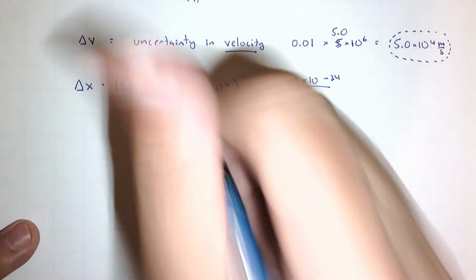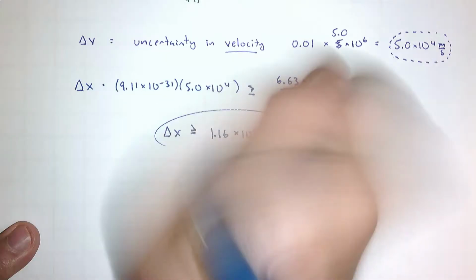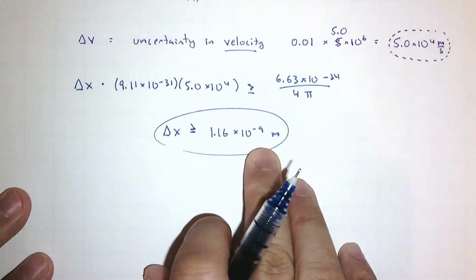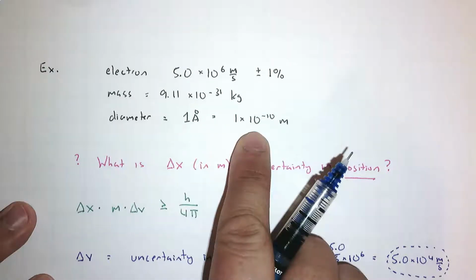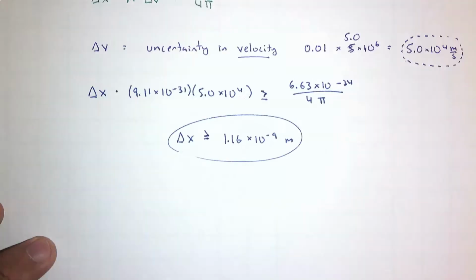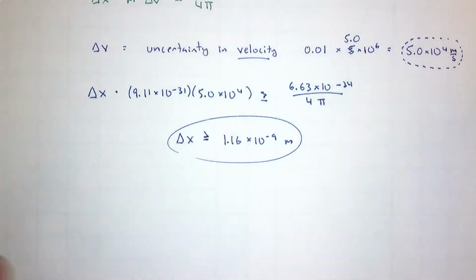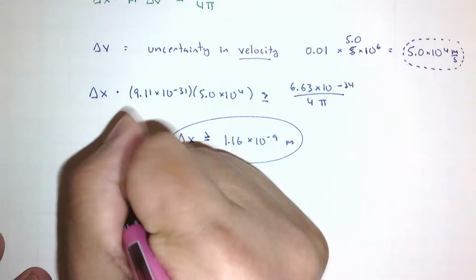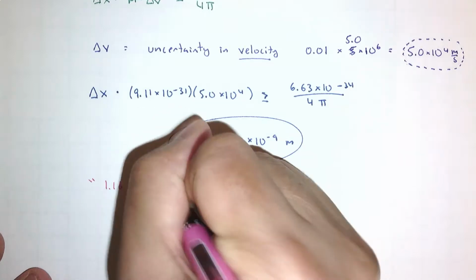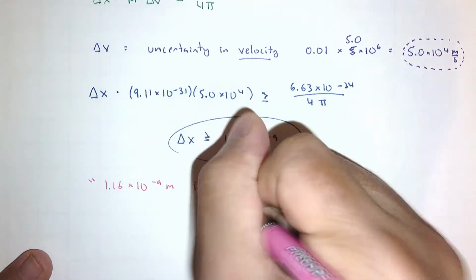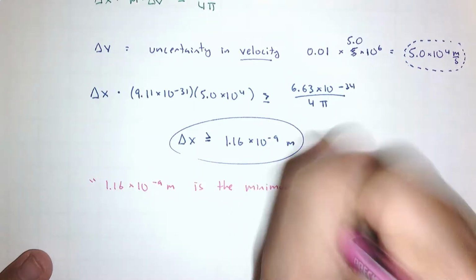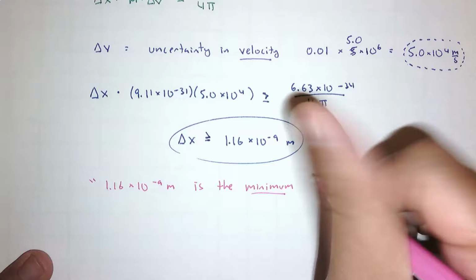How do you want to think about this number? That is the answer. But what does that mean? Okay, it's a very small number, but also this diameter is a very small number. So this is what I would expect in terms of your interpretation. The first thing is that 1.16 times 10 to the minus 9 meters is the minimum uncertainty.